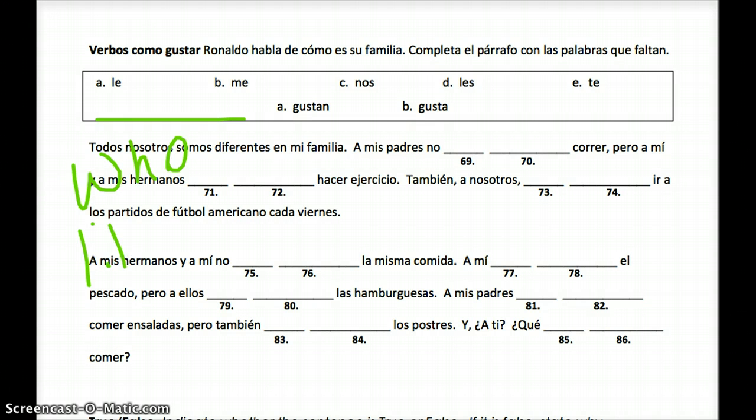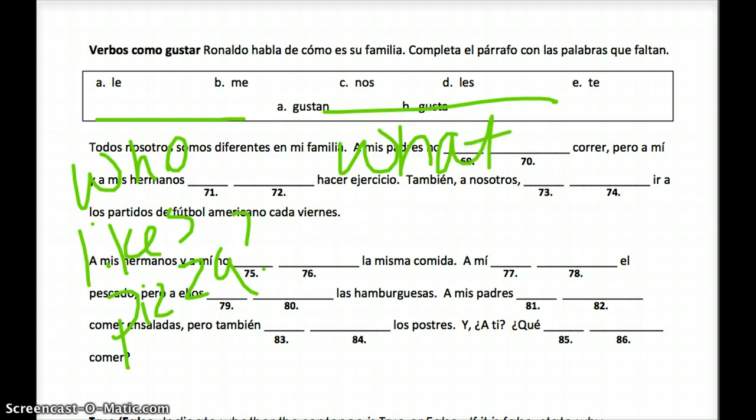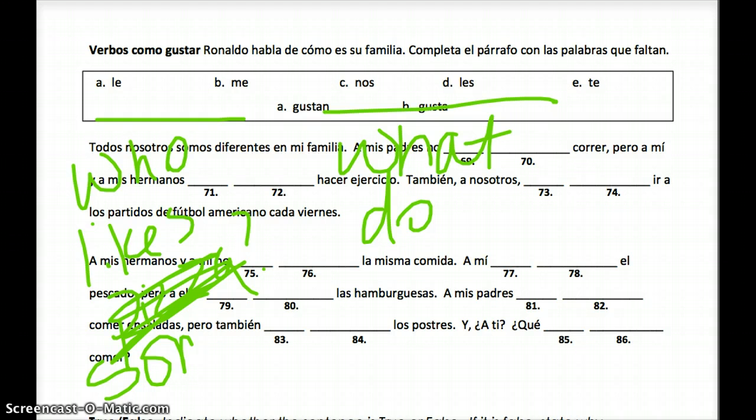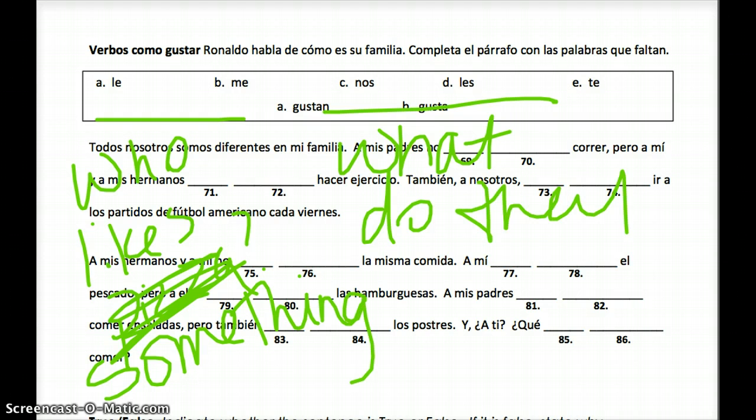Who likes pizza? And then this blank is going to be what do they like? Well, let's just say something instead of pizza. They like. So I kind of consider them like two verbs.